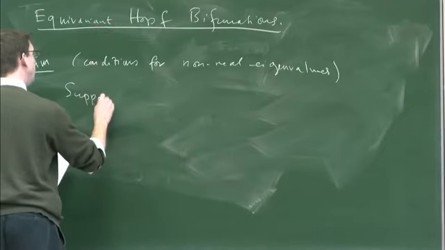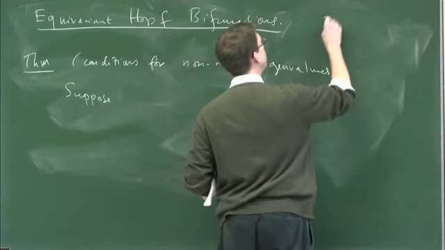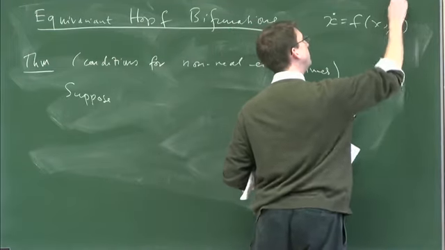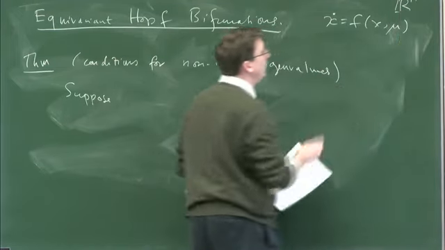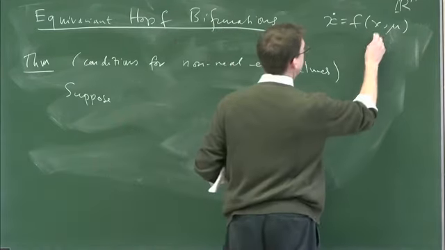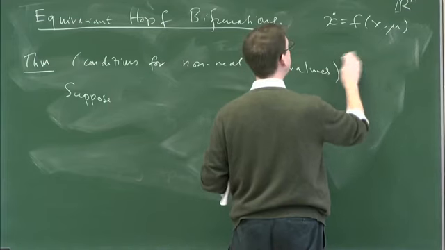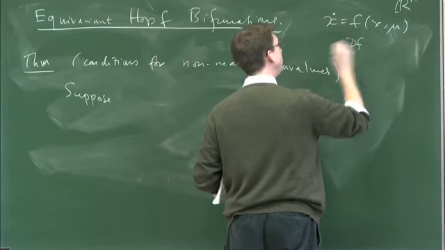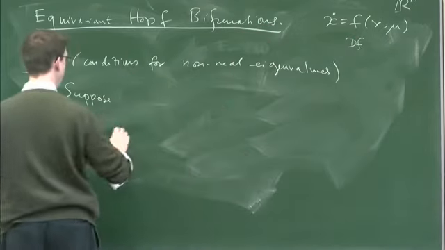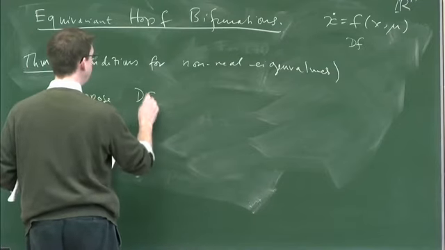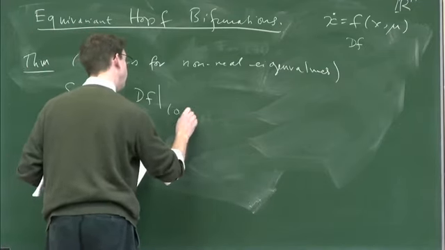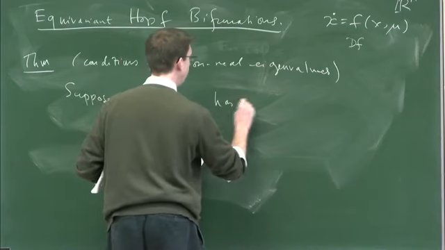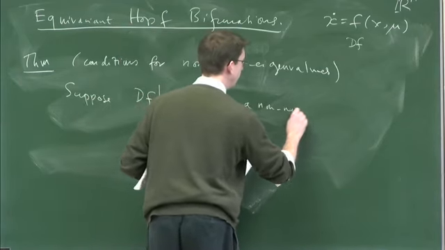So with all the usual setup, I suppose I should just recall the notation. x dot equals f of x, mu, is going to be a collection of smooth nonlinear differential equations in R^n, and I'm going to use the notation df to mean the Jacobian matrix of f. So suppose that the derivative matrix at x equals 0, mu equals 0 has a non-real eigenvalue.